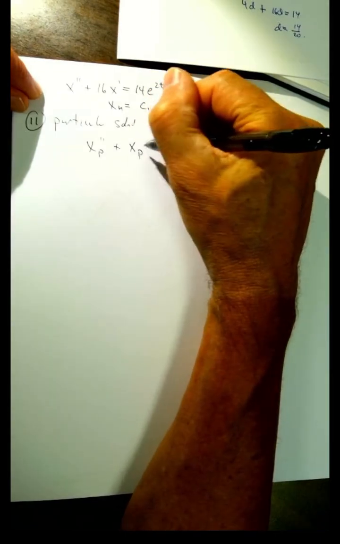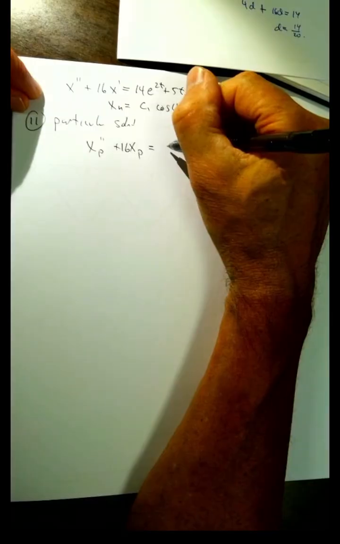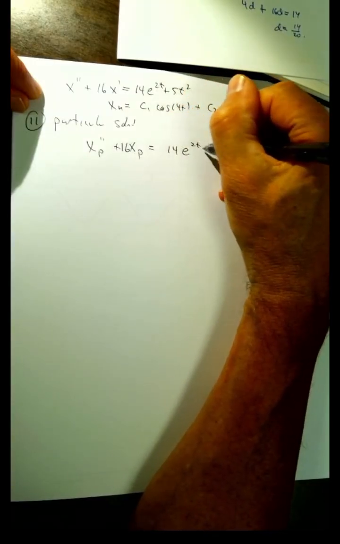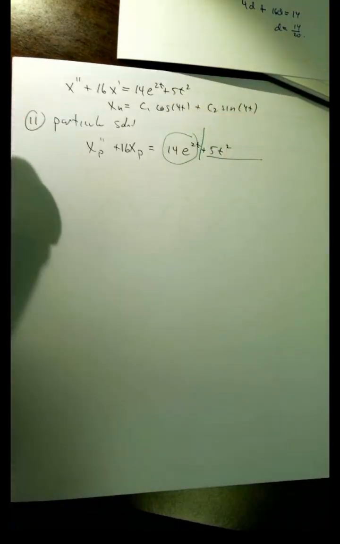For my particular solution, so this is the second step, I ignore the homogeneous solution. So I have x double prime plus 16x is this mess. And I'm going to divide and conquer. I have an exponential and I have a polynomial, so I'm going to treat those two things separately.